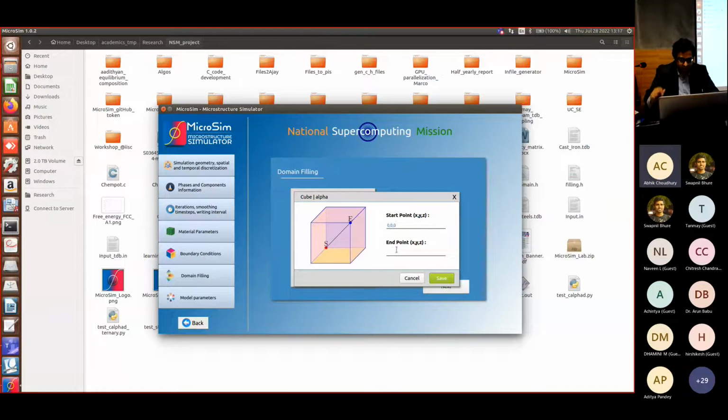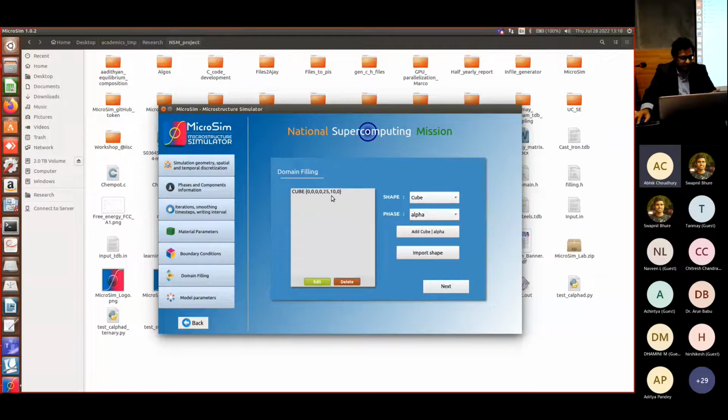And the end point will be such that I'm filling a thickness of about 5 grid points, that is 5 in the y direction. And my thickness is 25. So 25, 5, 5. Sorry. Let's give 10 just. So you see it writes down like this.